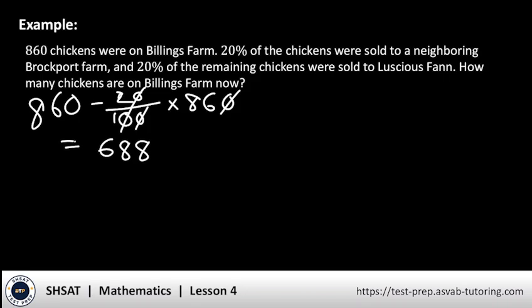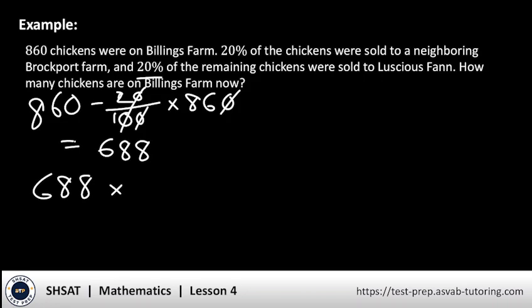Okay, so 688 chickens are now remaining. Now we need to know the number of chickens that remained after being sold to the Brockport farm, because we have 20% of the remaining chickens that were sold off. You can either do the same process once again, or you can just figure out what is 80% of 688.